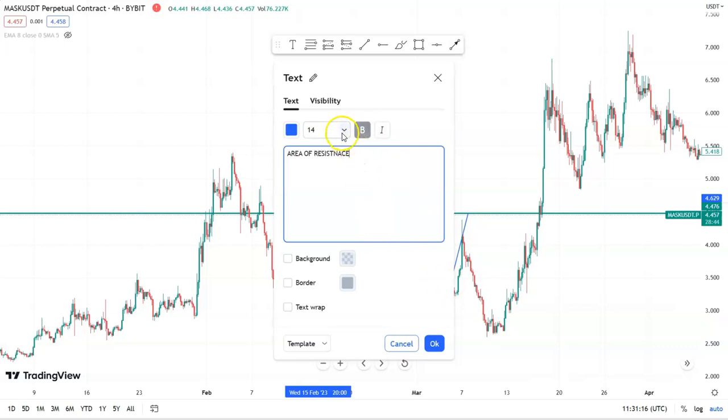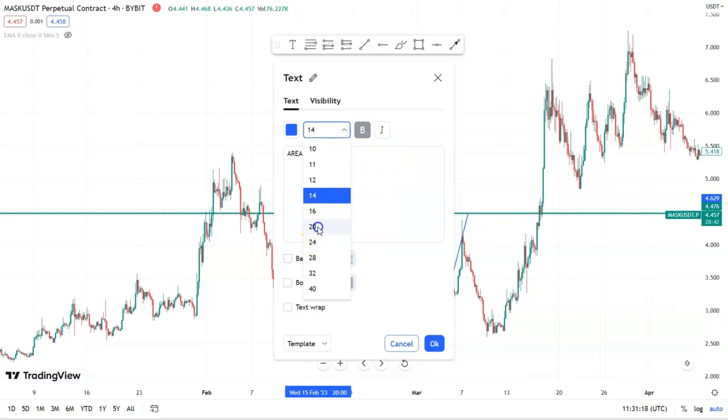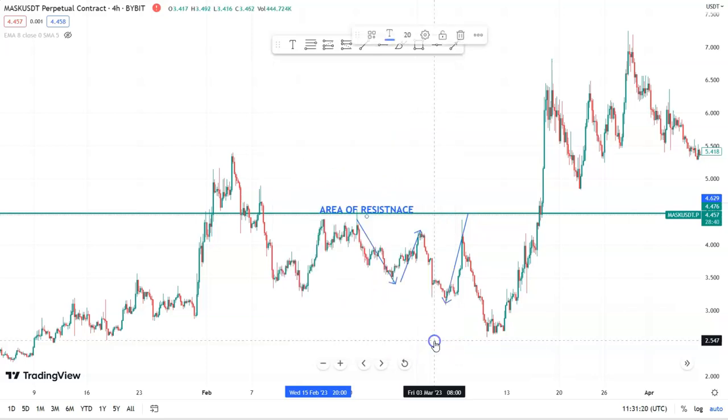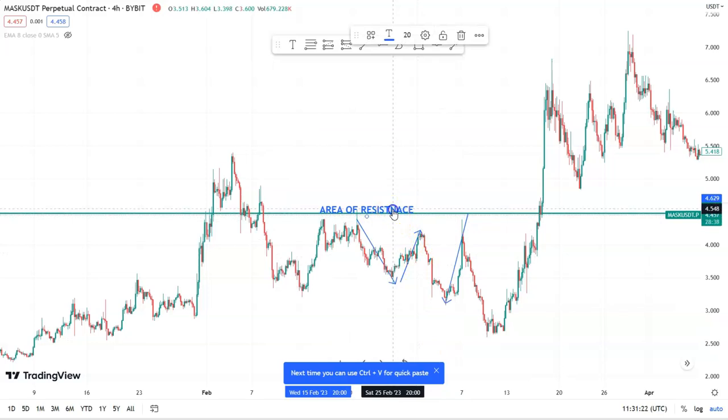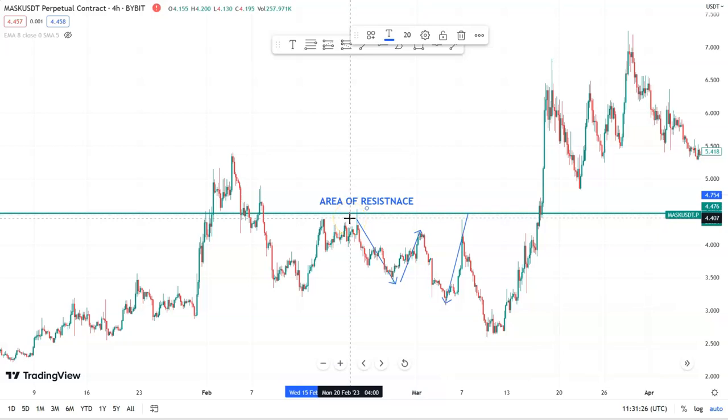Why do we call it an area of resistance? Because whenever the price gets to that area, the force or the supply coming to that area is pushing the market downward until the market breaks above this area and goes up. So this area is an area of resistance.